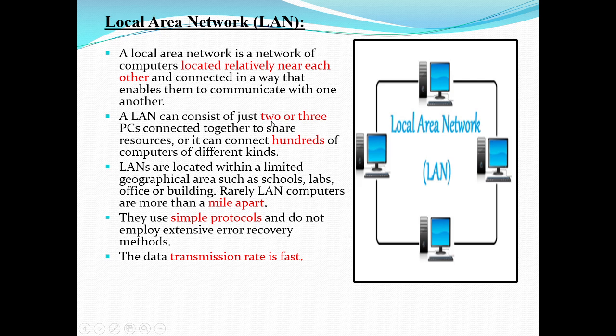Just 2 or 3 can be used, and a maximum of 100 computers of different kinds can be connected with each other in order to share resources and communication. The protocols, meaning rules, used in LAN are very simple and do not employ extensive error recovery methods. And the data transmission rate in LAN is very fast.